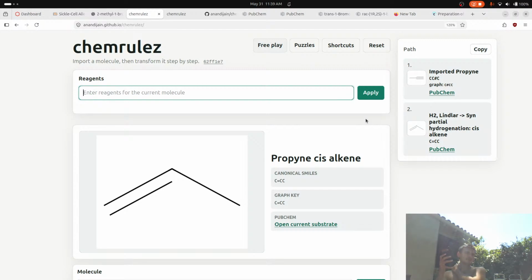And maybe be able to go to the PubChem chemicals for the reagents.